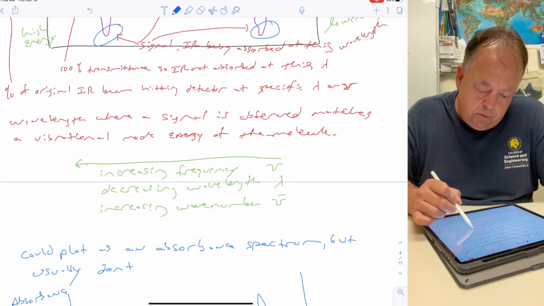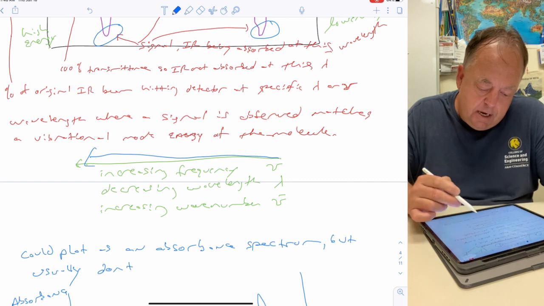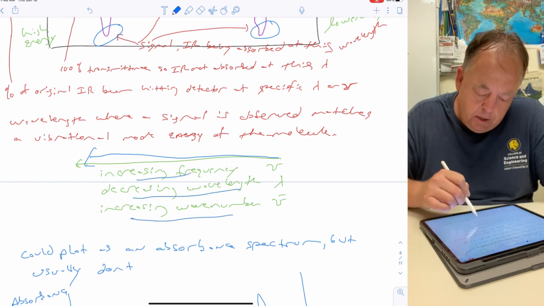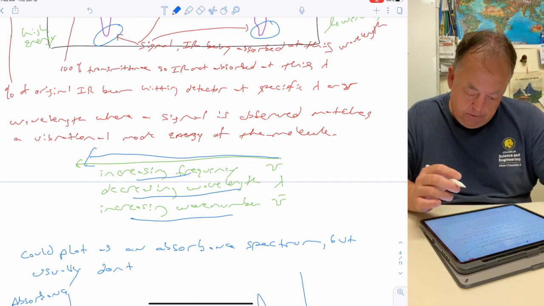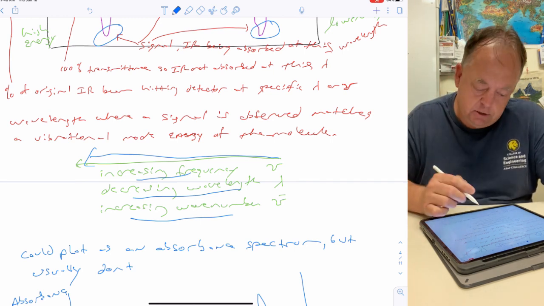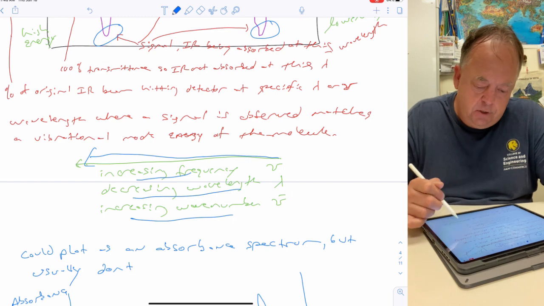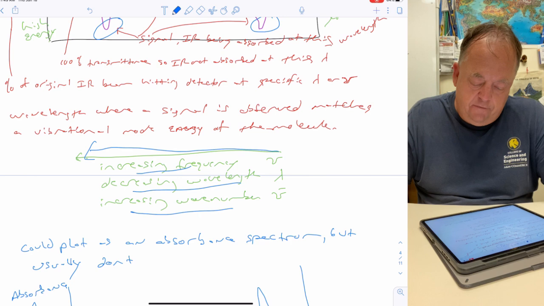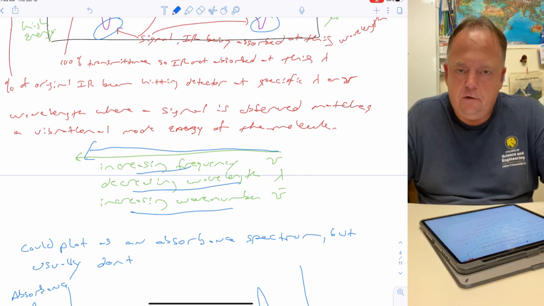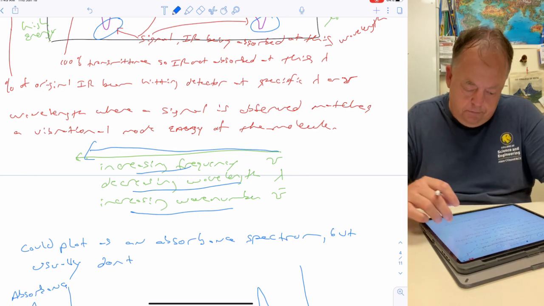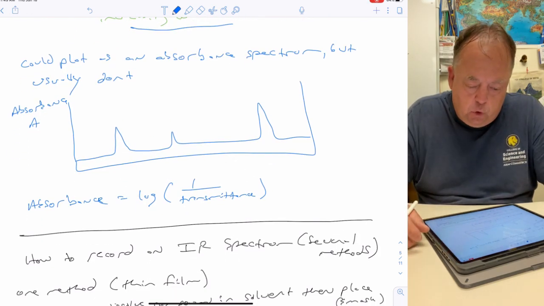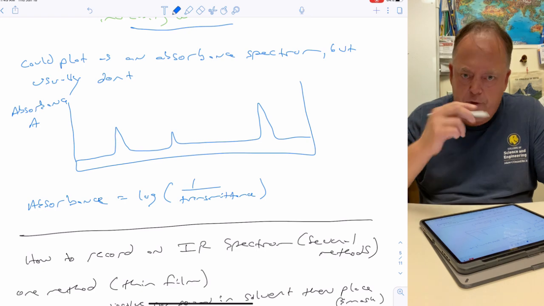Okay, so again, as we move to the left in IR, that's increasing frequency, decreasing wavelength. So wavelength gets shorter, energy goes higher, and that would be increasing wave number. Typically it's plotted from 400 inverse centimeters on the right to 4,000 or 4,500 on the left. You could plot what's known as an absorption spectrum instead, but you usually don't.